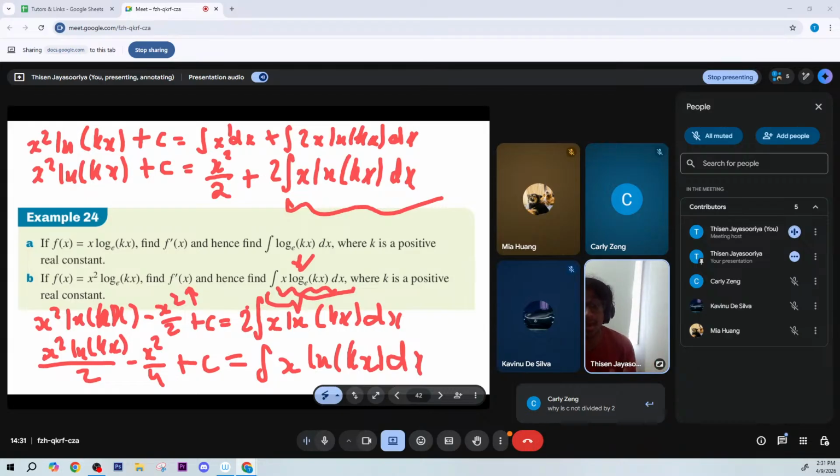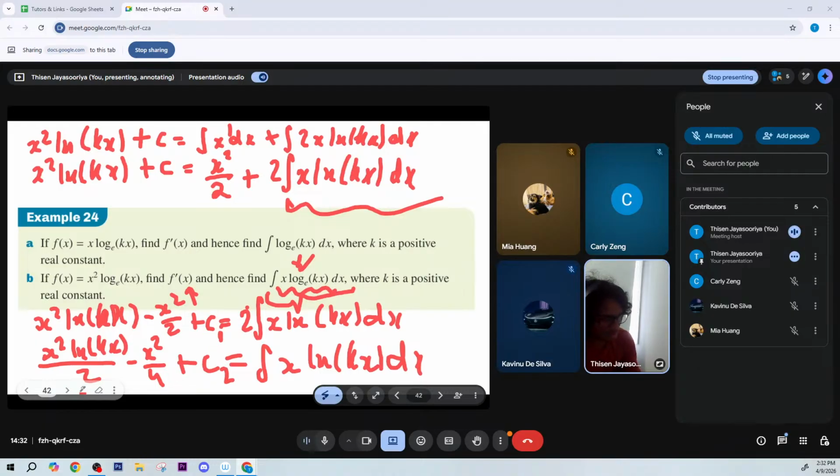Plus c is never impacted. Plus c is an arbitrary term. It's a bit weird to think about, but you can divide plus c by 2, but we don't tend to do that. The reason is that when we divide it by 2, you can think of this plus c as different to this plus c.